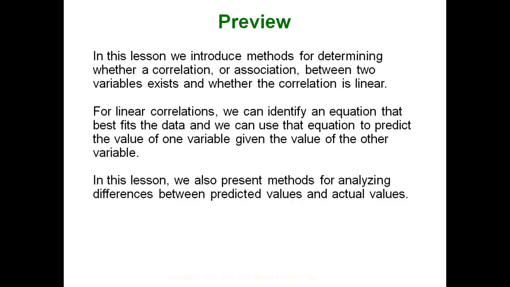Now, when we're dealing in the linear case, we can also identify an equation that best fits our data, and then that will allow us to predict values of one variable based on information from the other variable that might not be in our sample.